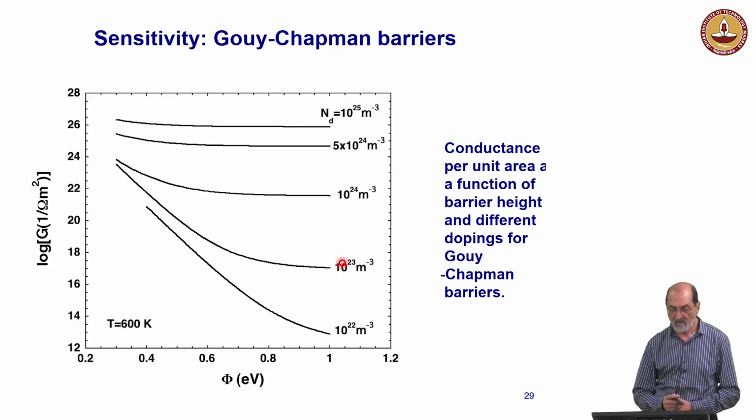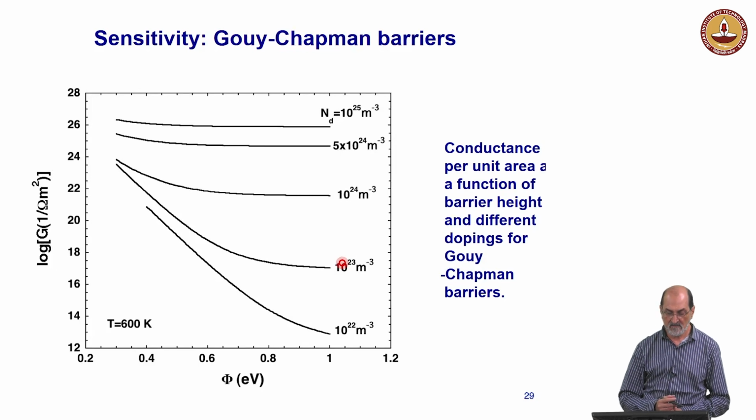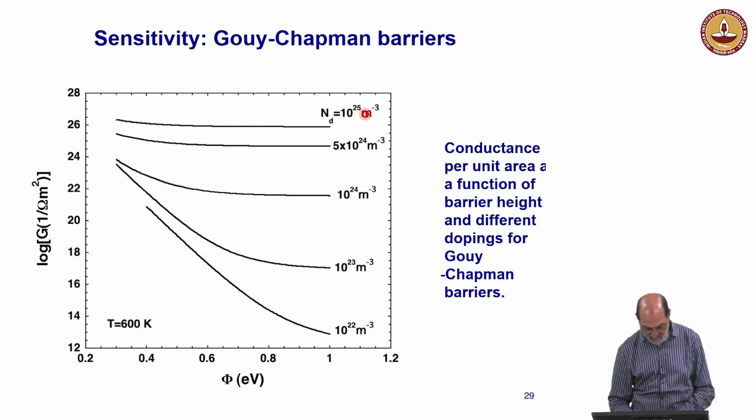However, if we adopt the Gouy-Chapman barriers with that different shape, tunneling immediately has a very strong contribution. And here we have the same plot for the same dopant concentrations, but for Gouy-Chapman barriers. And from one case and the other, we can calculate the sensitivity.